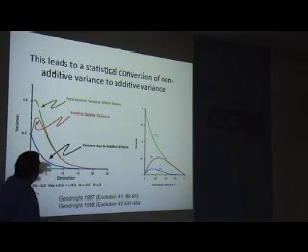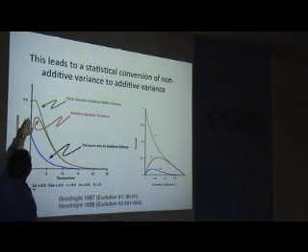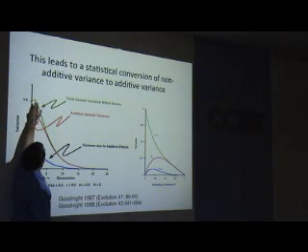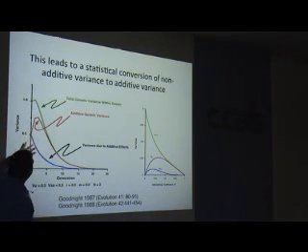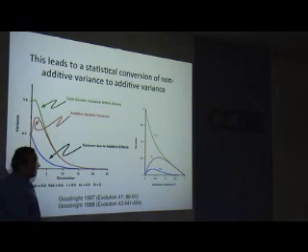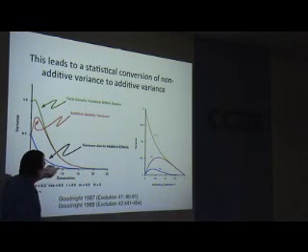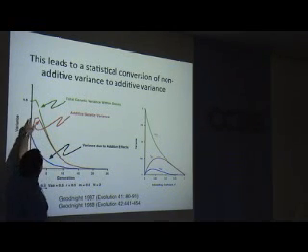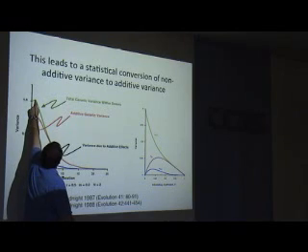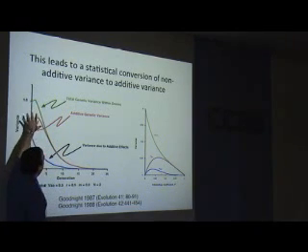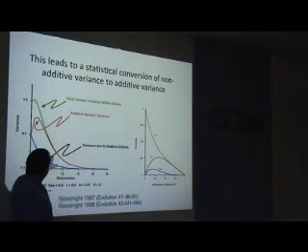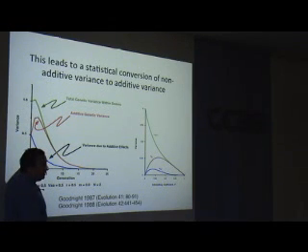Anyway, if we do that, in an additive world, this is what happens. This is the graph I showed you before. What I've done here is I've said, here's a population which is half additive, half epistatic at the start. And this is what would happen if there was only additive variance. This is what happens to the actual population. It increases. Now, the increase isn't as dramatic now because the additive component is decreasing.